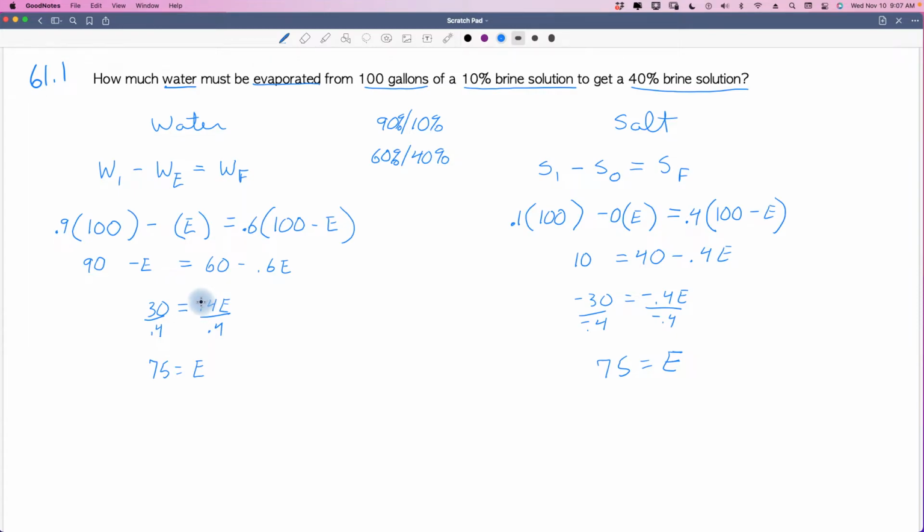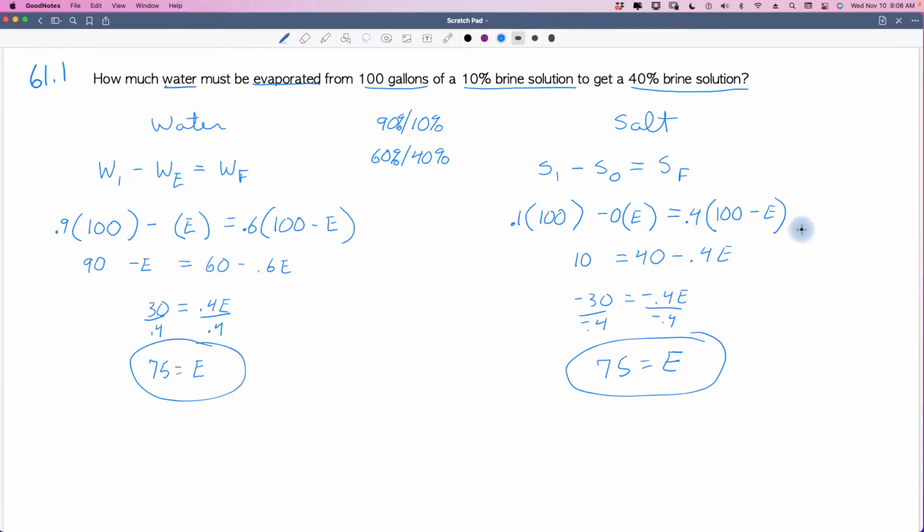Solve it for both water and salt, or whatever the two different things are. And if you get the same answer at the end for both, then you know that you have solved it right and you can be confident in your answer. Okay, we only did this one like this to show you that you can solve for all of the components and that the answer should come out the same.